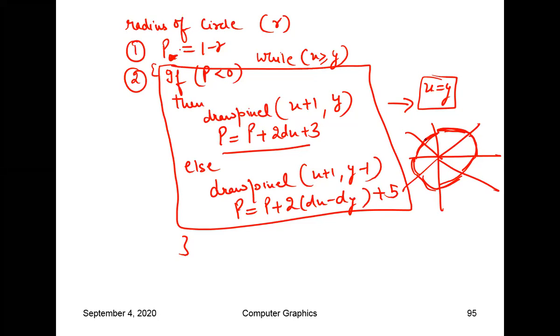So this is the algorithm of drawing a circle. If you have any doubt, I can take questions. We have 4 minutes left, so please ask your questions.